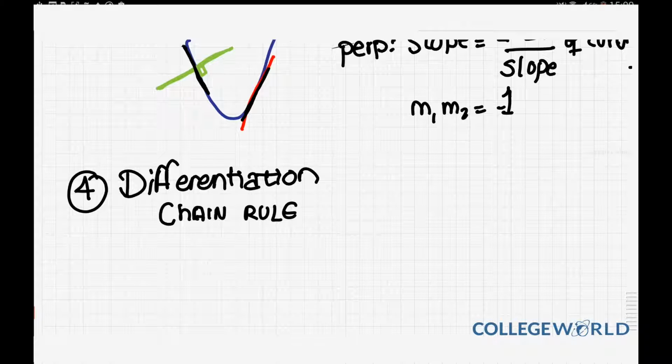Now, what was special about the chain rule is that a very important aspect is that you don't need to have the dy by dx in order to know the slope, but if you have two different values in terms of each other, you can actually still get the slope.